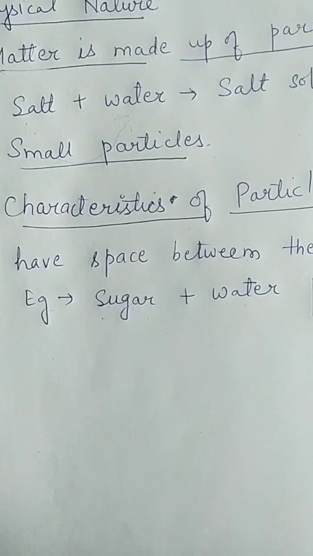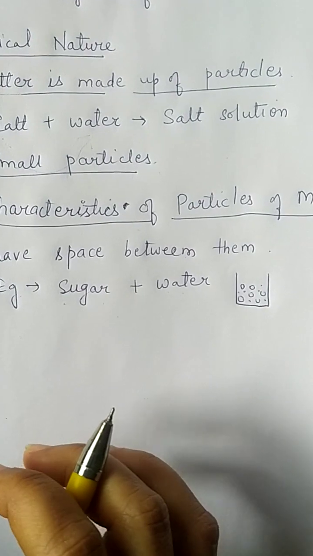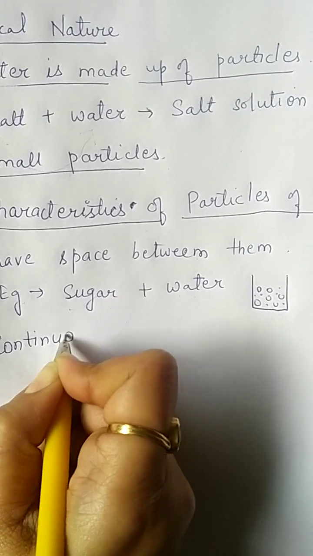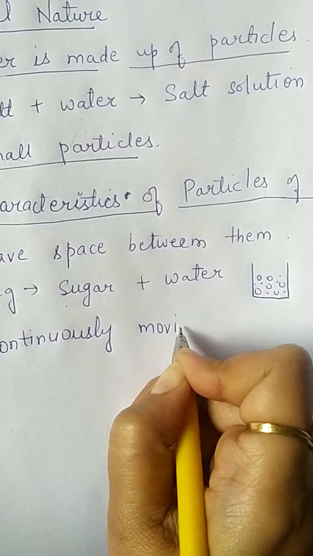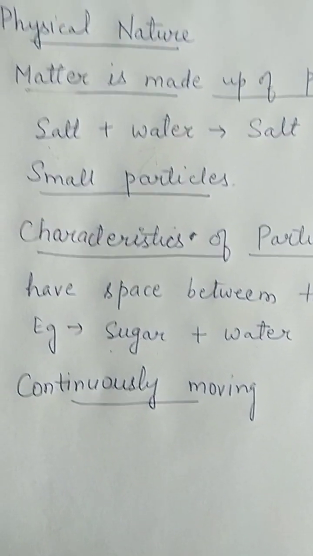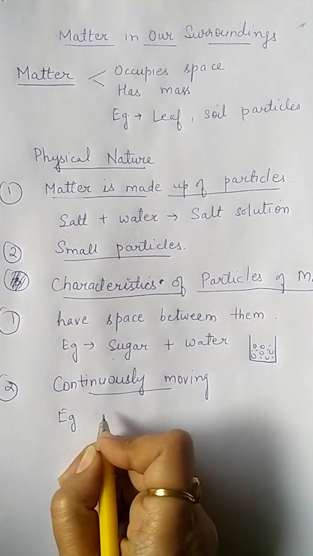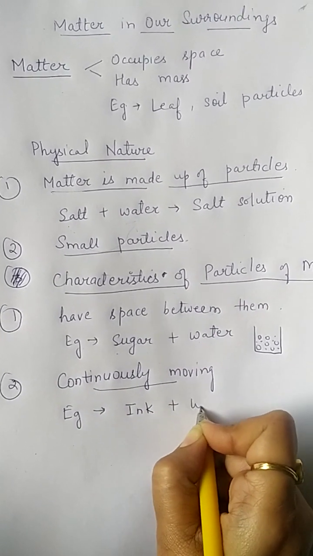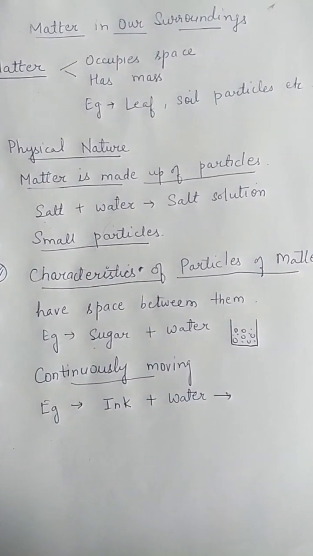Second characteristic of particles of matter is that particles of matter are continuously moving. They are continuously moving. For example, suppose we drop a small amount of ink into the water and keep this setup undisturbed for some time.